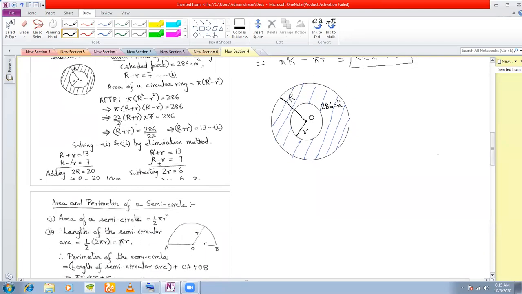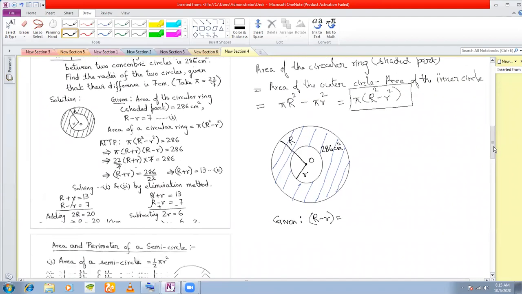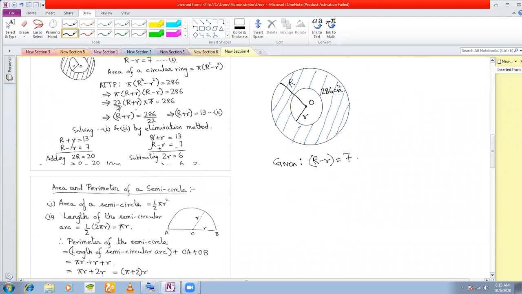And what is also given to you is the difference of the radii, that means capital R minus small r is equal to 7. We call this equation 1. Also given is area of the shaded part is equal to 286 centimeters square.